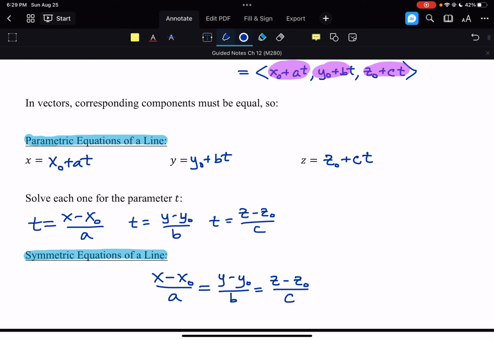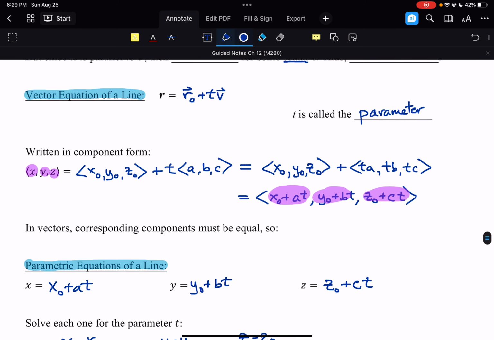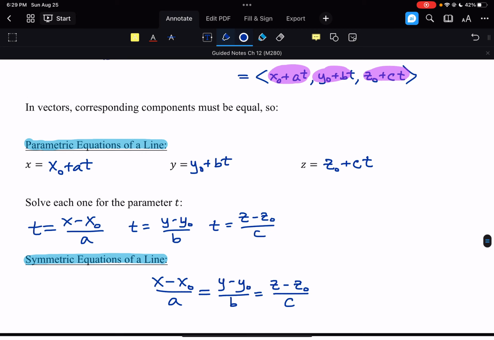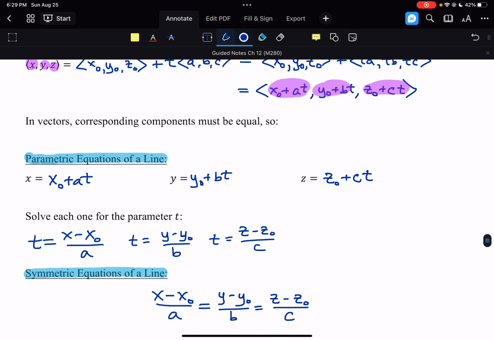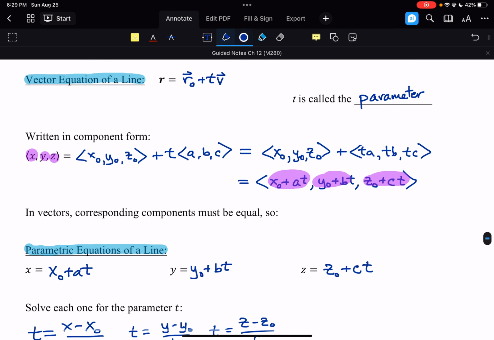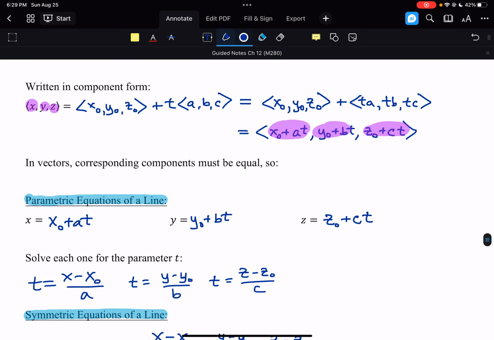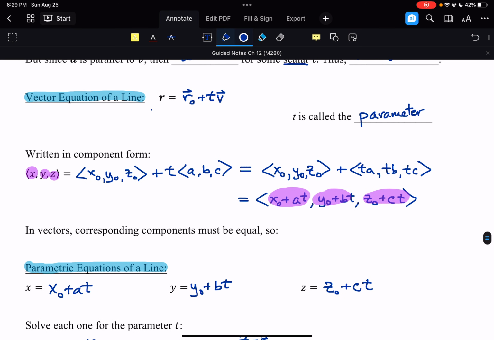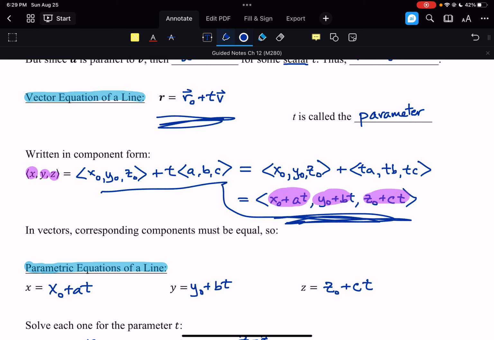All three of these forms, the vector equation of the line, the parametric equations of a line, and the symmetric equations of a line, are interchangeable. You can get to one from any of the others using the methods we just talked about. If you have the vector equation of a line, you can put it in component form and then split it up, and that'll give you the parametric form.